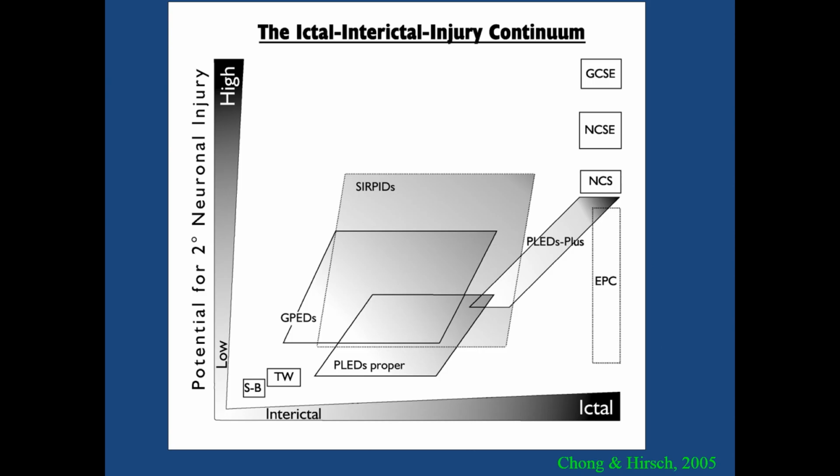And here is a schematic looking at the spectrum of seizures. So if we were to look at the bottom of the slide, it goes from interictal to ictal. And on the far left, it goes from low to high. GCSE is generalized convulsive status epilepticus.